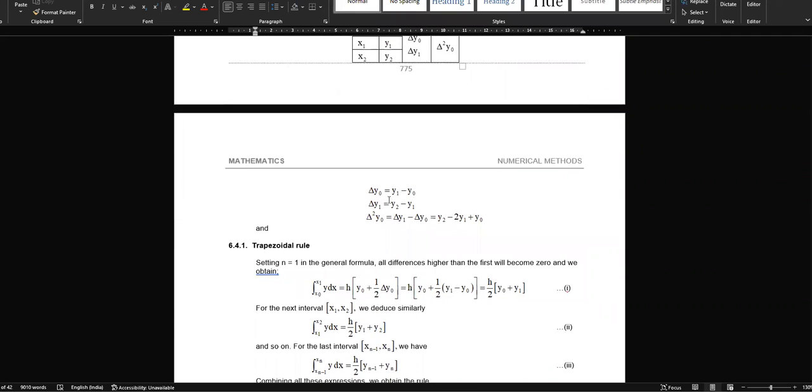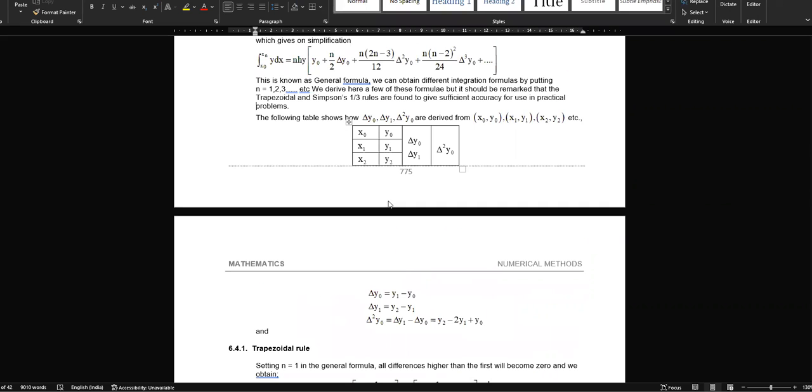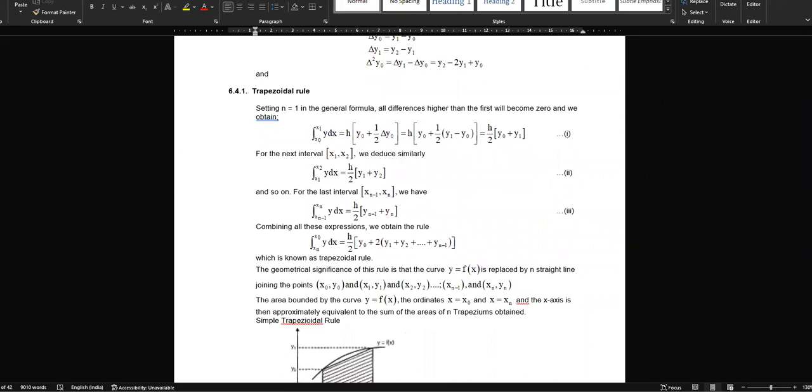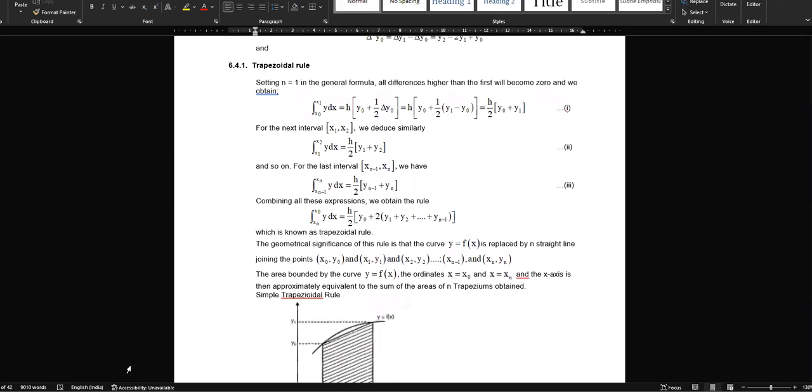We are using forward difference, first the trapezoidal rule. In the trapezoidal rule, we are setting n equal to 1.